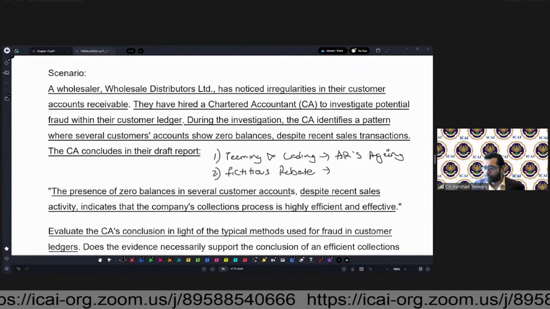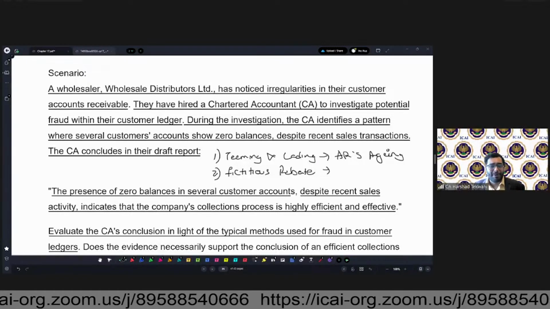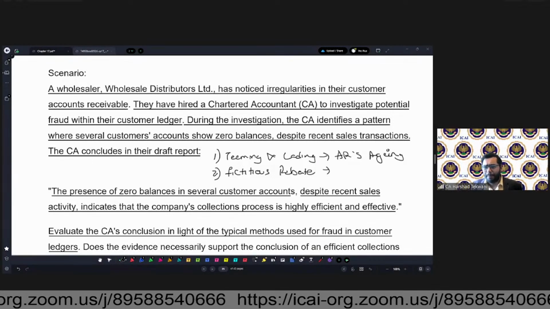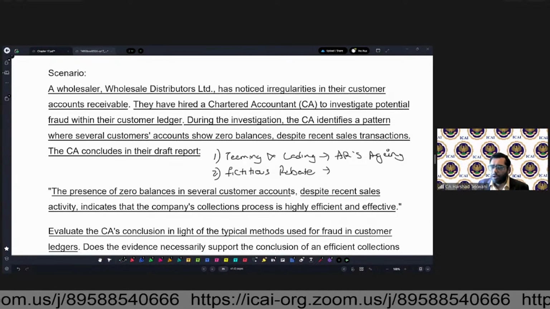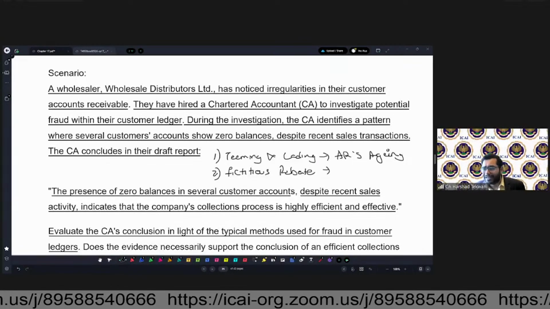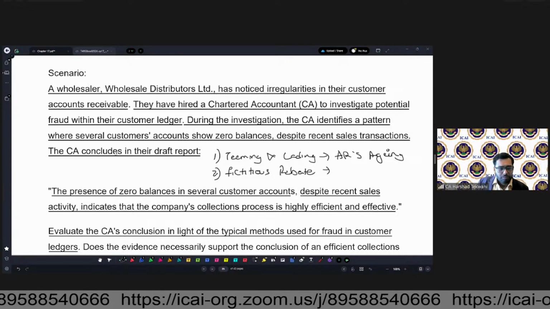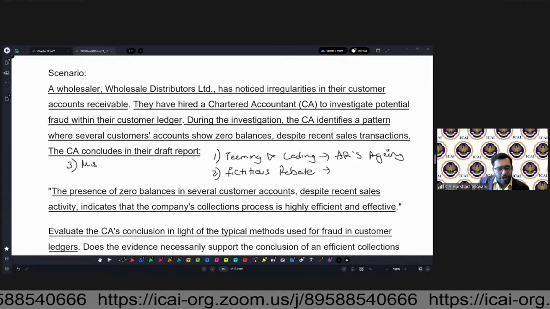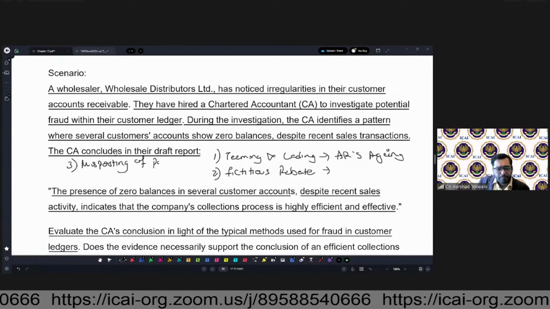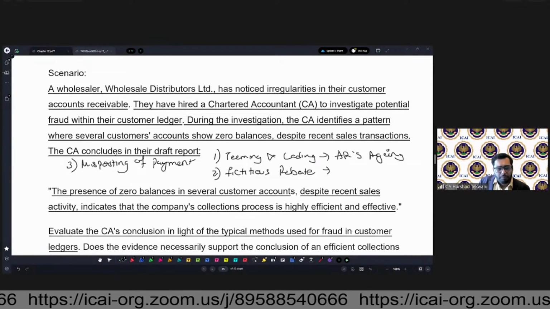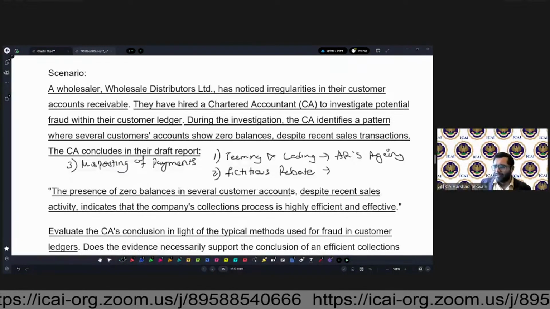This is kind of posting a payment into some other account, which is already a part of teeming and lading. But here, instead of one customer to another, they park it in some other account. Misposting of payments. Unauthorized write-off, again, fictitious rebates.